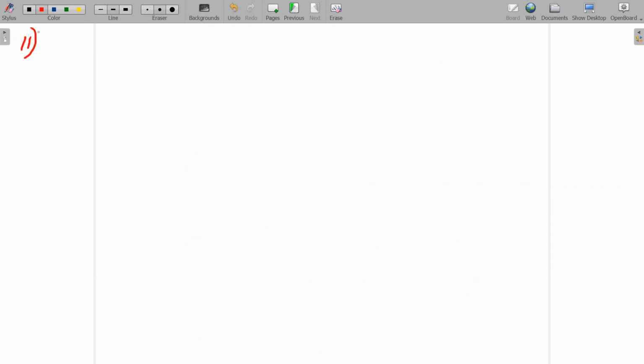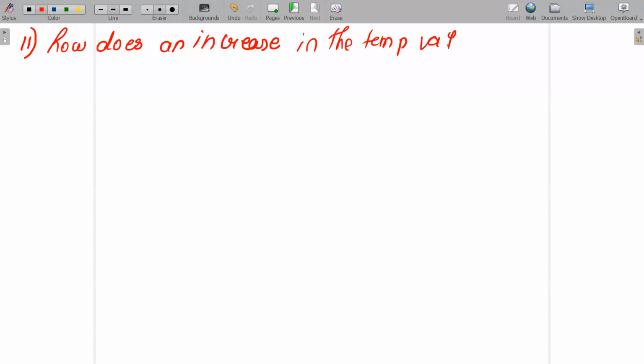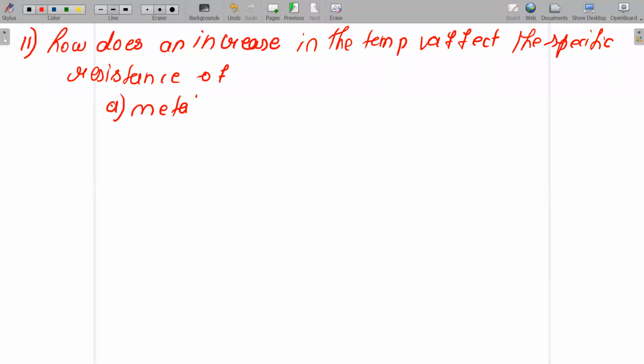11th question. How does an increase in the temperature affect the specific resistance of A, metal, B, semiconductor?